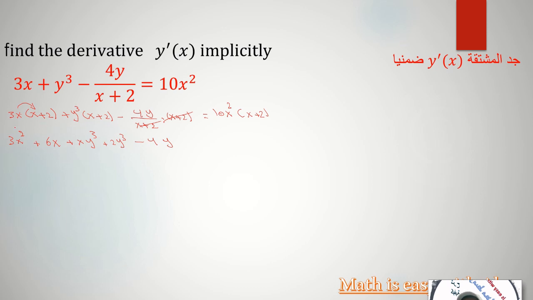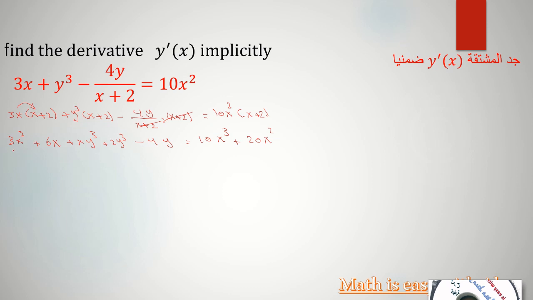So now here we have 10x squared times x, it will be 10x cubed, plus 10x squared times 2, it will be 20x squared.